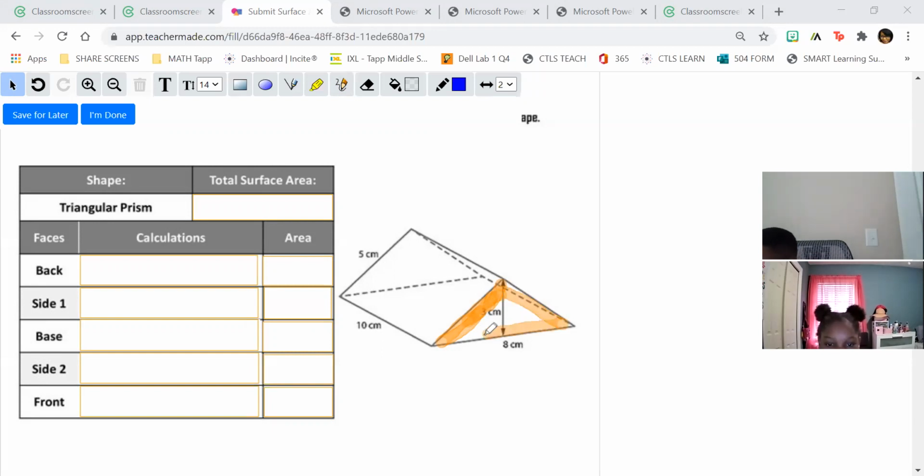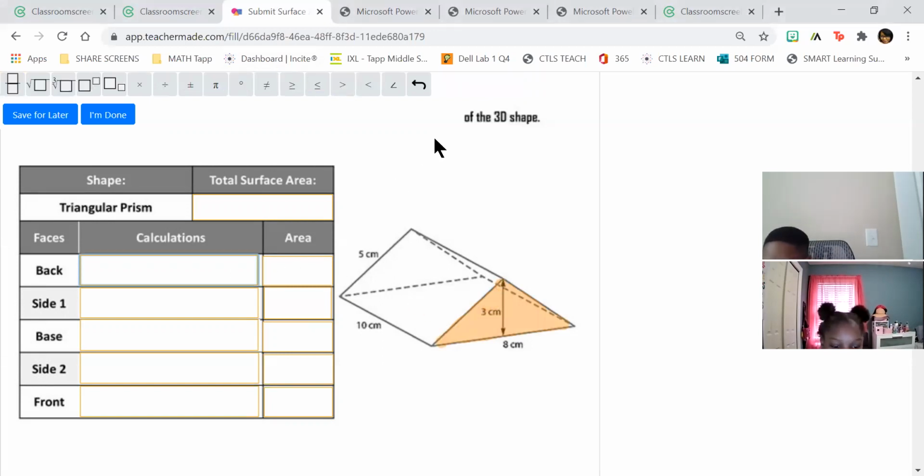And one of the things I suggested to you in your notebooks is that if you have a highlighter, that you do this as well. It just makes it easier to see, so that you could just focus on the measurements of that one shape at a time. So we know that the front is the same as the back. When we are talking about the front and the back, we're talking about these triangles here.